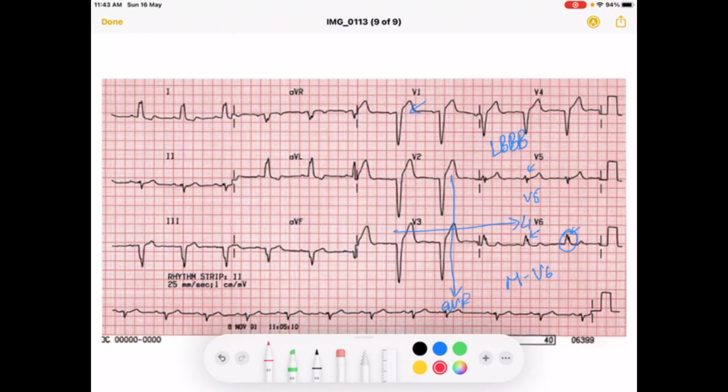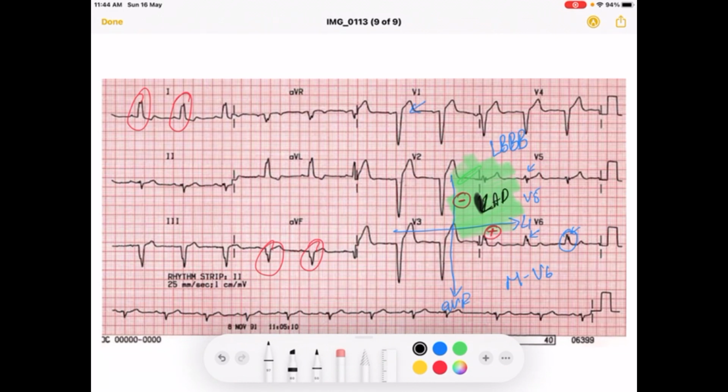Lead 1 is positive wave. AVF is negative wave. So the vector is in this quadrant, which is left axis deviation.